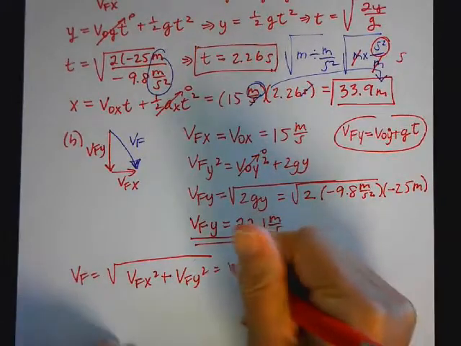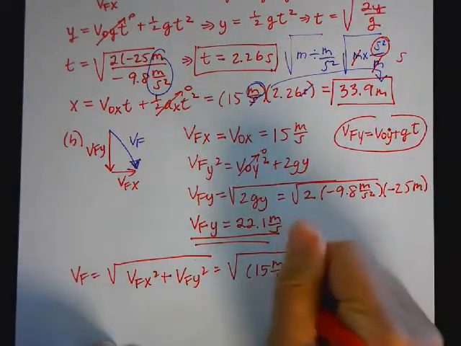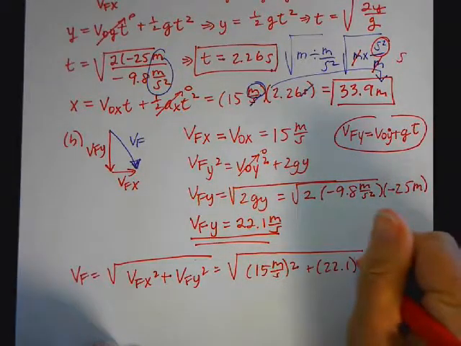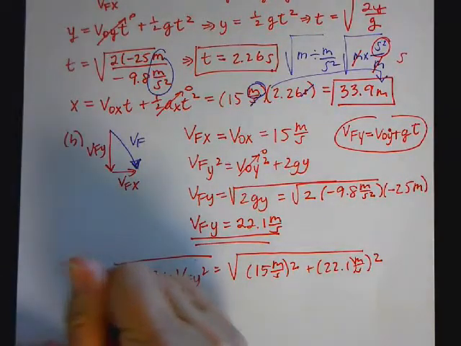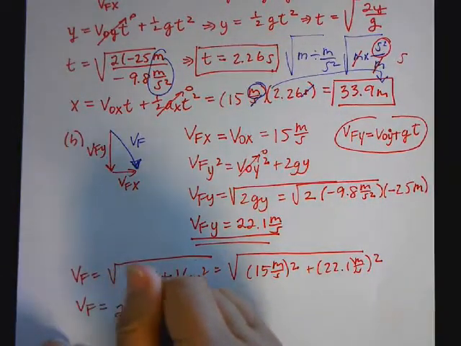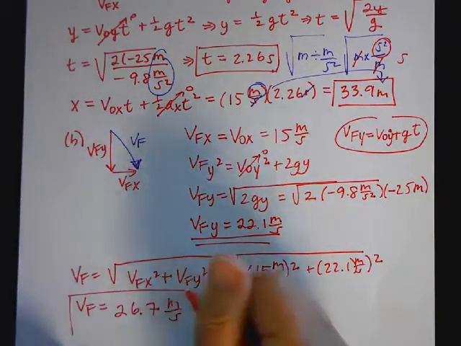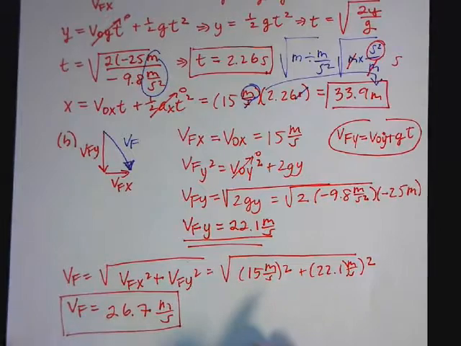So that's equal to the square root of 15 meters per second squared plus 22.1 meters per second squared. So v_f ends up being 26.7 meters per second. So that's my final speed of the projectile.